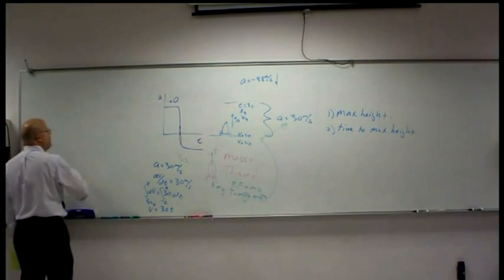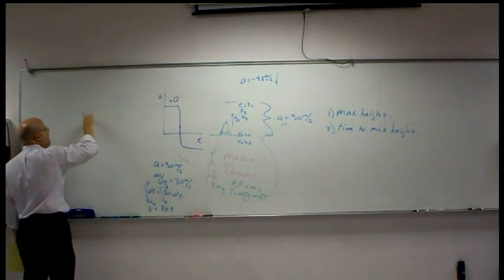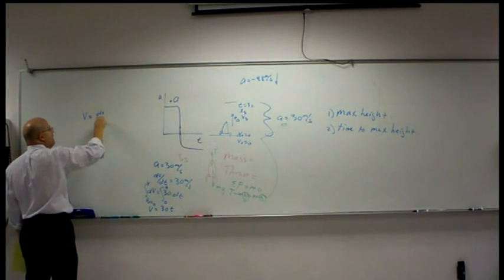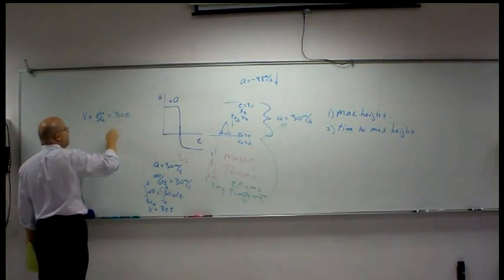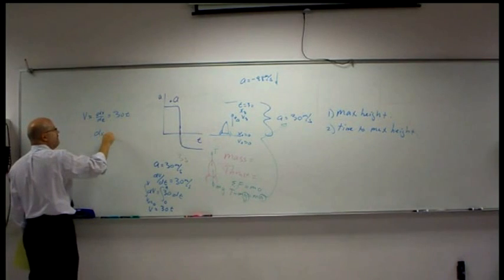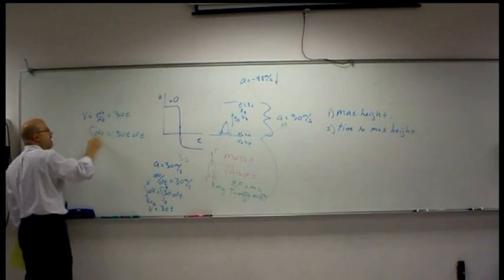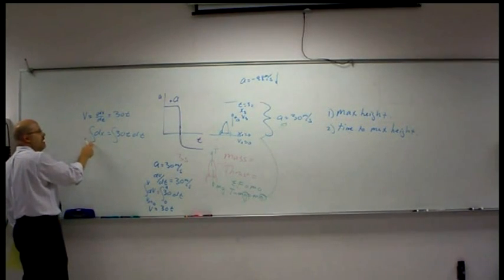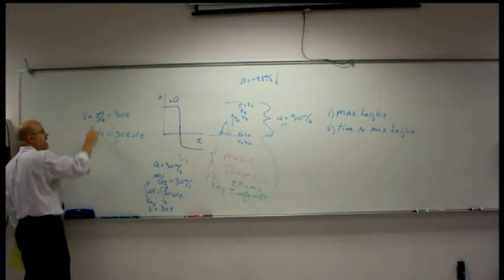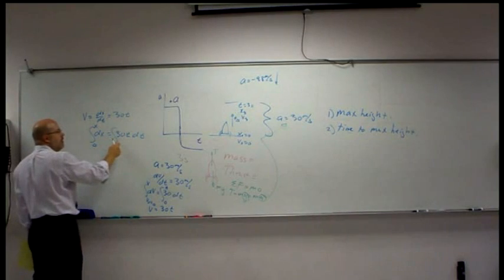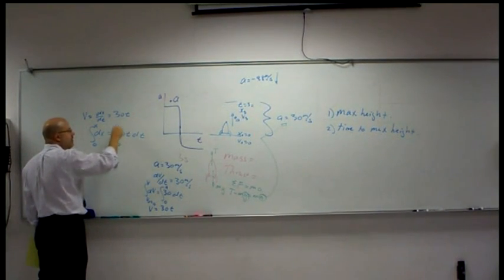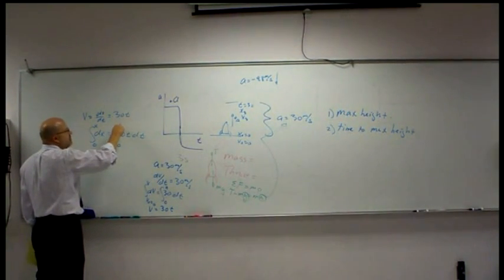And then, all right, but v equals dx/dt, which equals 30t, right? If I separate variables, dx equals 30t dt. Integrate. Where did I begin? 0 height, I end up at x. Where did I begin in time? 0 to t.